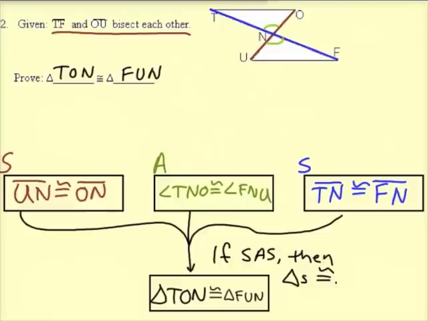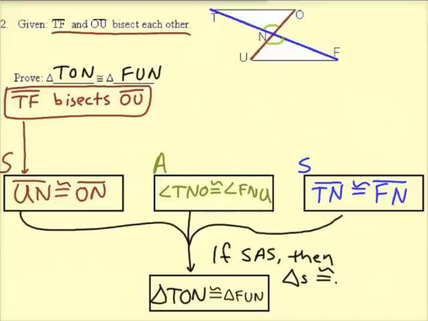So, for the red segments to be congruent, which segment is doing the bisecting and which is being bisected? That's an important question. In this case, TF is doing the bisecting and OU is being bisected. The opposite is true for the blue segments, TN and FN. In that case, OU is doing the bisecting and TF is being bisected.